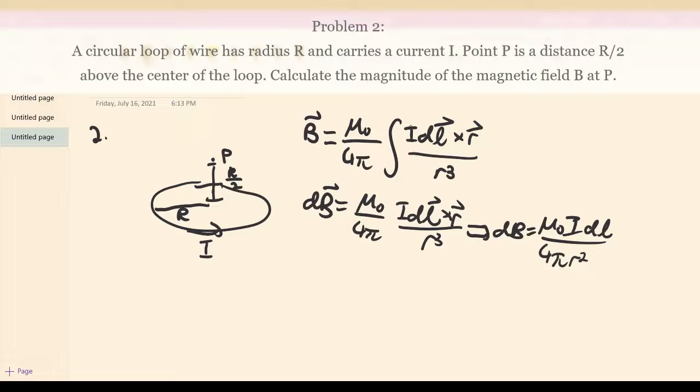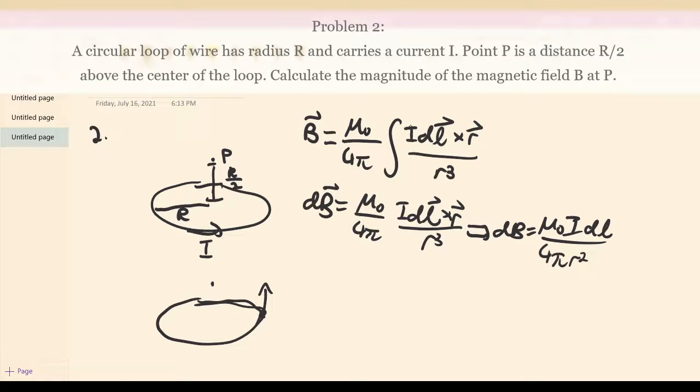If we want to find the direction of the magnetic field at this point, we have a loop here and, let's say, at this point the current is going this way. We just look at this I dl cross r part.